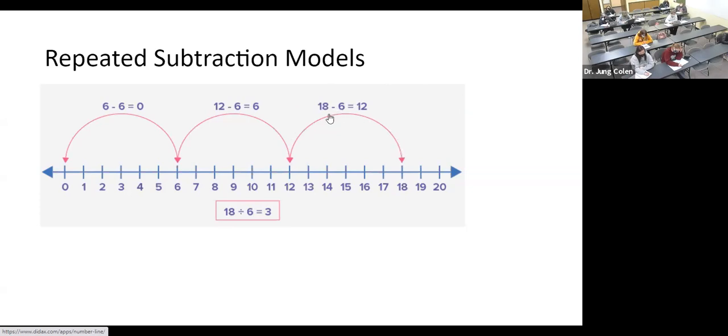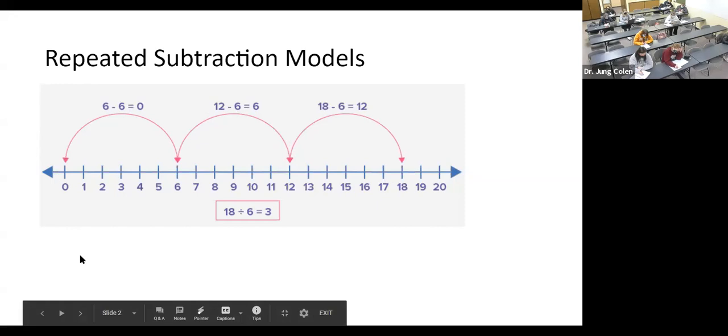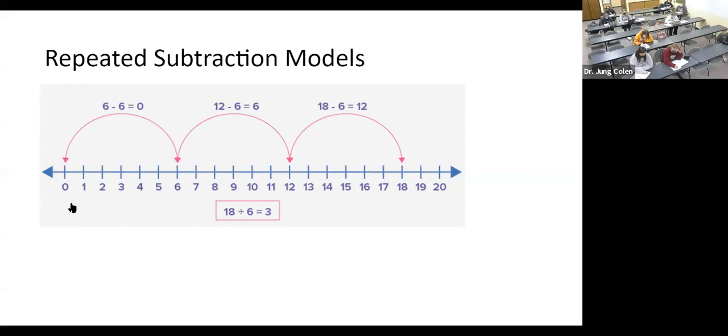You're going to subtract 6, and you're going to see how many 6s you can subtract. 1 time, 2 times, and 3 times, right? So you were able to subtract 6 3 times from 18. So we can write that as 18 divided by 6 is equal to 3 times. Okay, so you can use repeated subtraction models. If you think back to multiplication with repeated addition, what we did was 6 times 3 is equal to 18. Right? So you can see the relationship there.